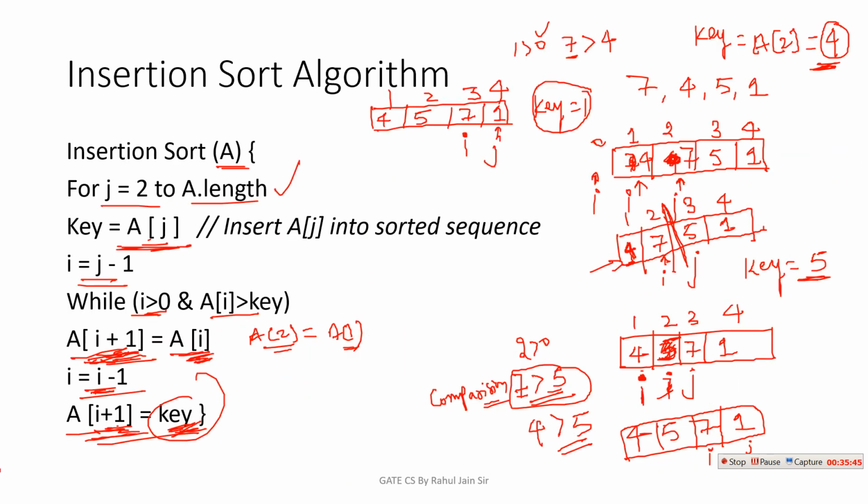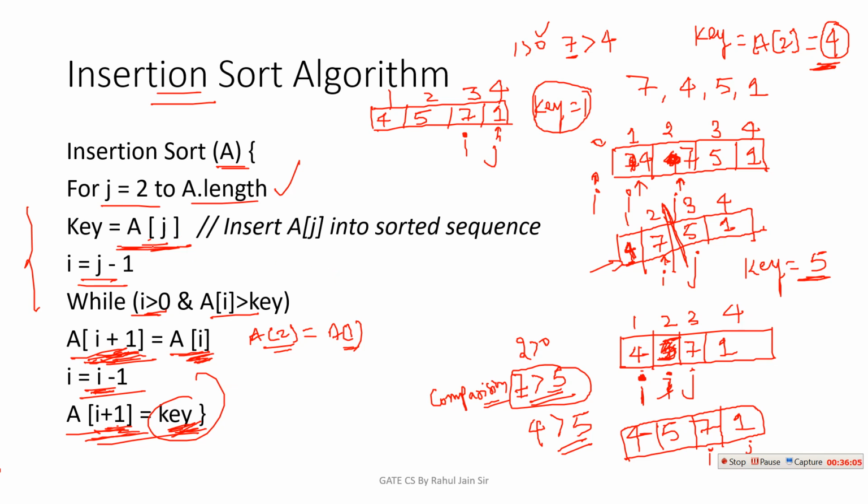So guys, I hope the insertion sort algorithm is clear to you. This is the algorithm I told you, using the simplest example, of how to apply the insertion approach here, right?